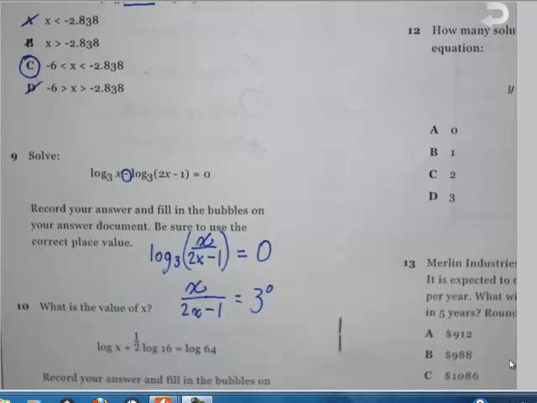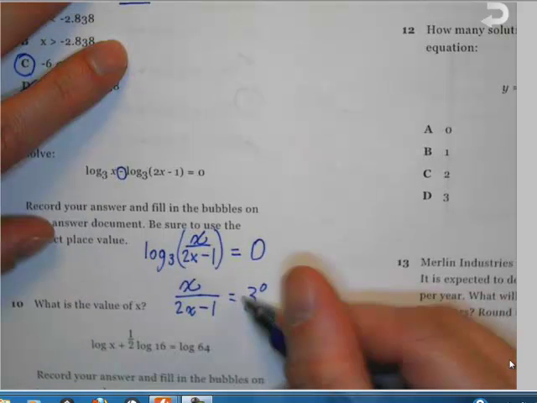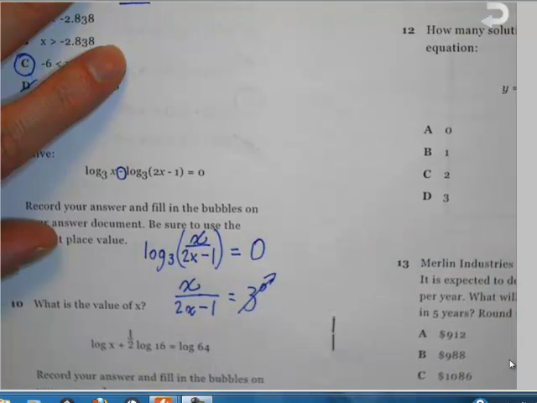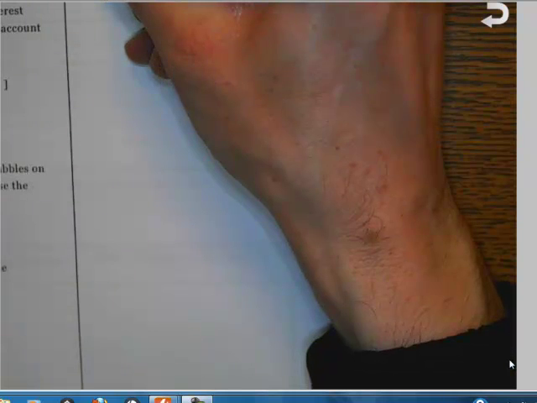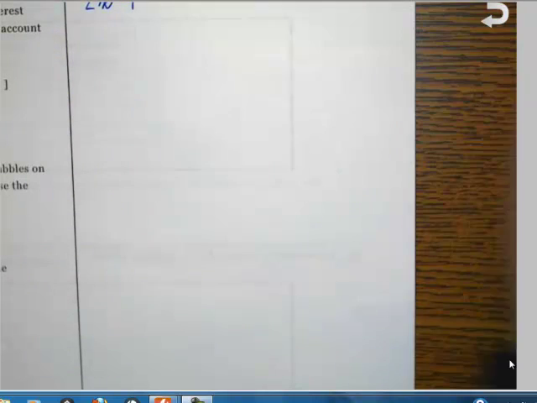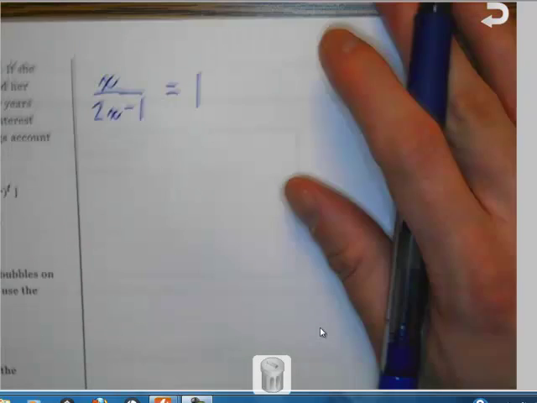Now, at this point, you have to remember the axiom that any non-zero base to the 0 power is 1. So now you have x over 2x minus 1 is equal to 3 to the 0, which is 1.